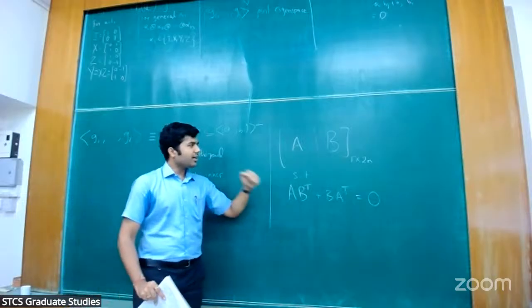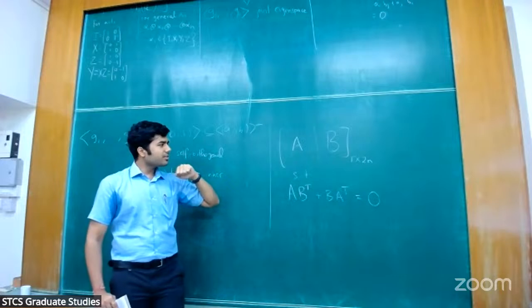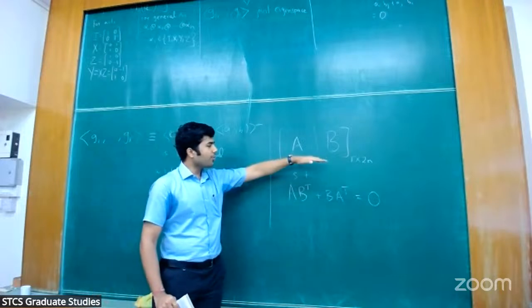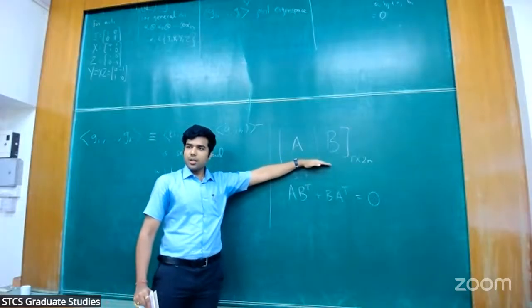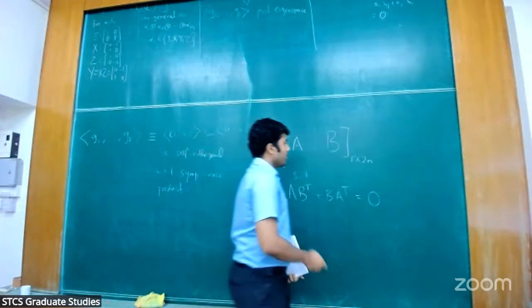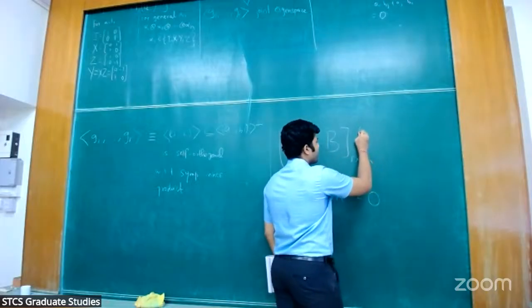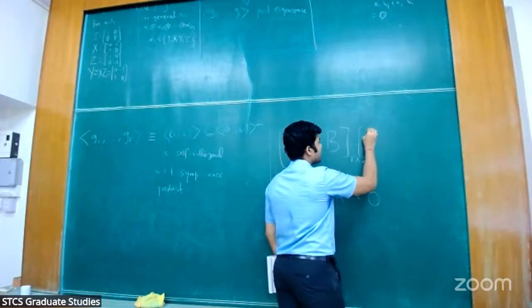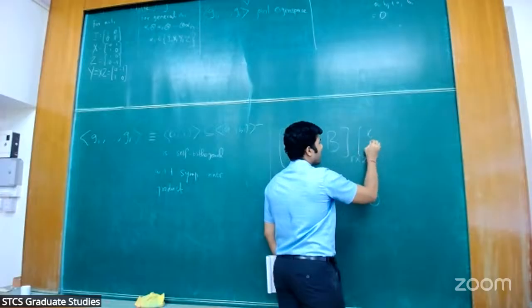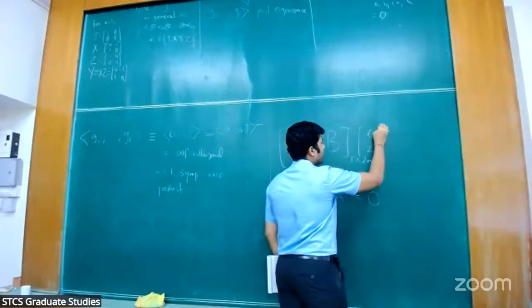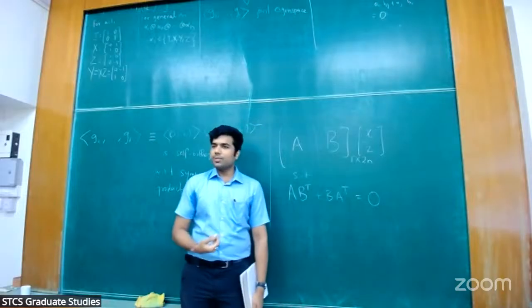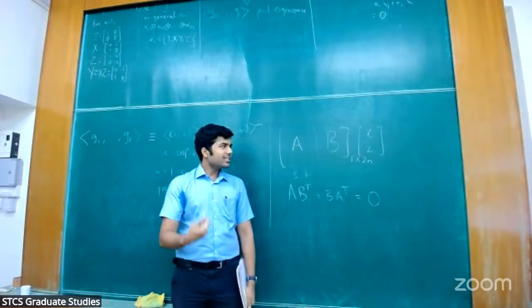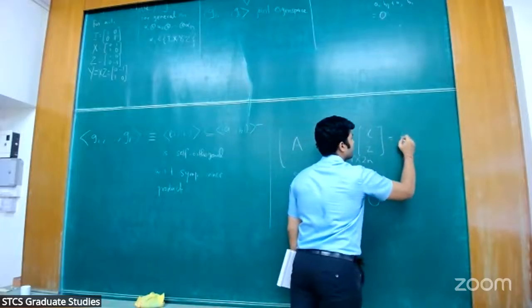Over here, the role of the parity check matrix is taken over by this matrix, and the distance is essentially a vector of least symplectic weight. I will define what symplectic weight is, of least symplectic weight such that this equals 0.